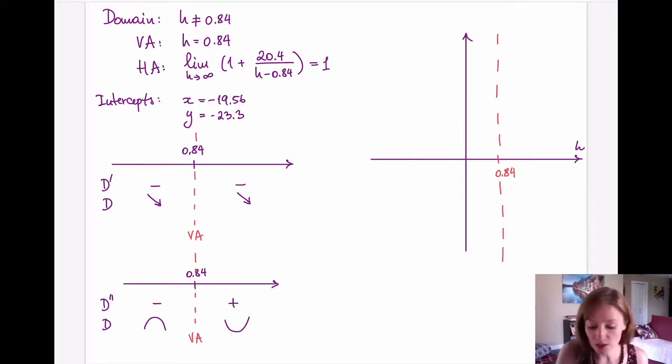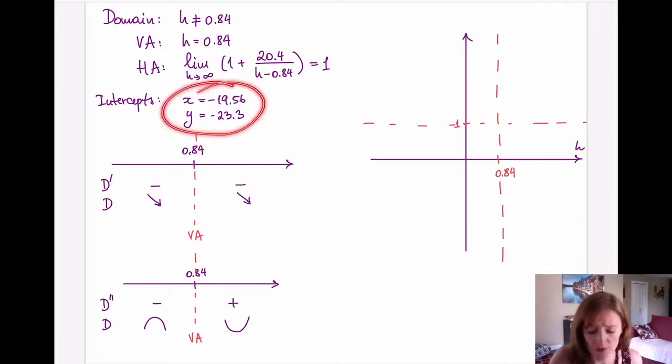I also know that this function has a horizontal asymptote at 1. So I'm going to put my horizontal asymptote here at 1. Remember that horizontal asymptotes can get crossed as long as they eventually get approached by the function. Okay, and then in the process of analysis, I've also discovered that I actually do have axes intercepts.